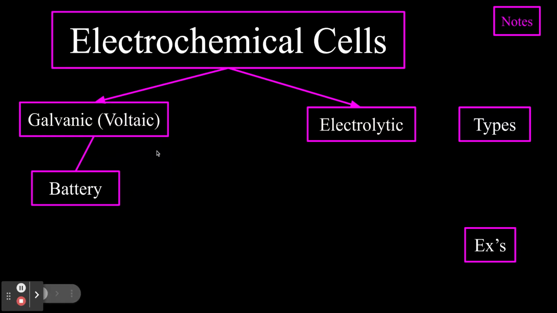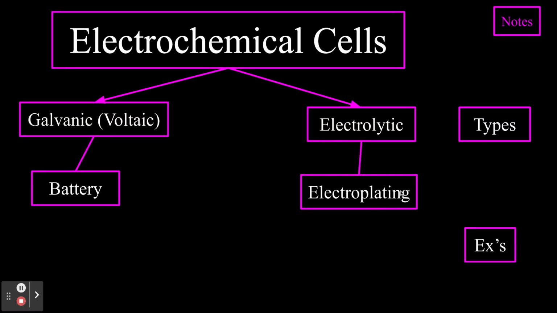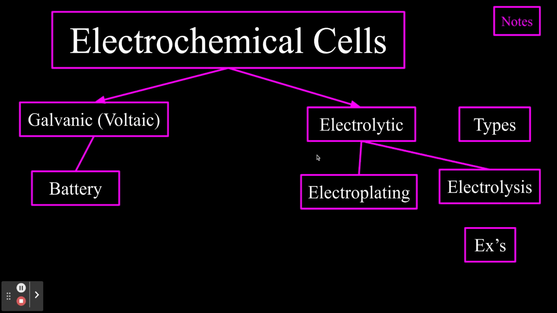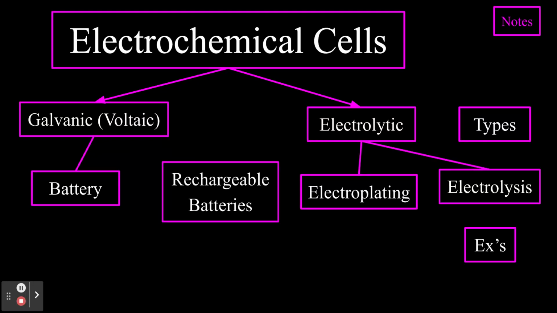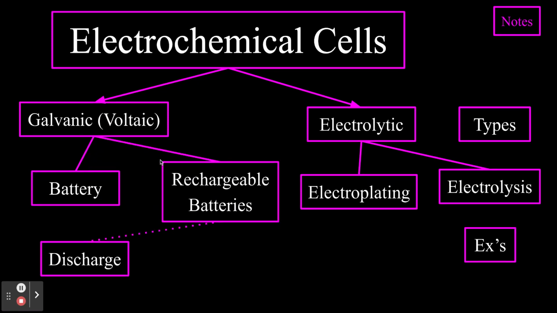Those are galvanic cells. When you electroplate, you're really creating an electrolytic cell, or when you make something go through electrolysis, that's another example of an electrolytic cell. Rechargeable batteries are in the middle, because when you're using it, it's acting like a galvanic cell, and when you're plugging it in, it's acting like an electrolytic cell.